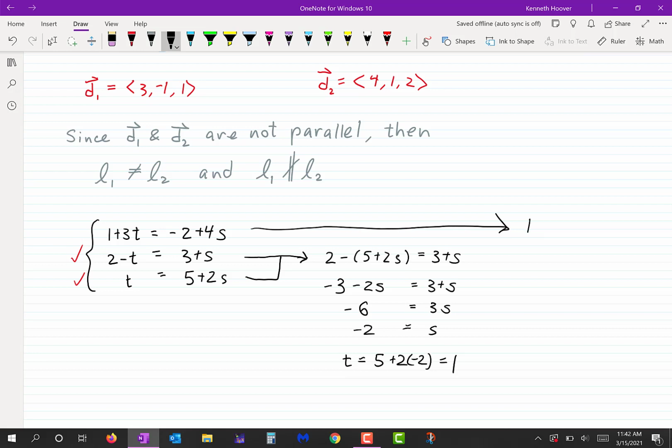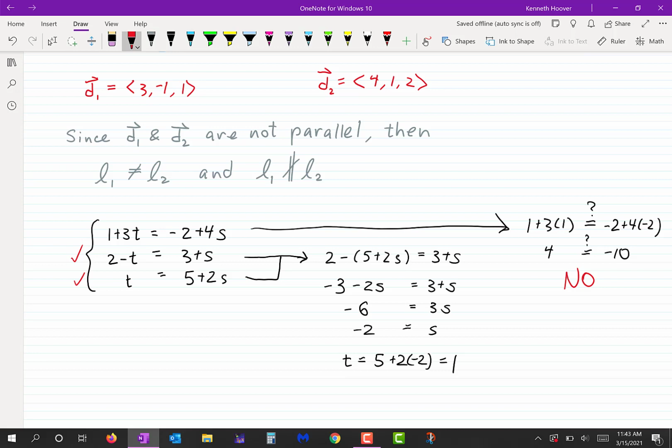That would be 1 plus 3t. Is that equal to negative 2 plus 4s? That's a yes or no question. So this would be 4. Is 4 equal to negative 10? And the answer is no.